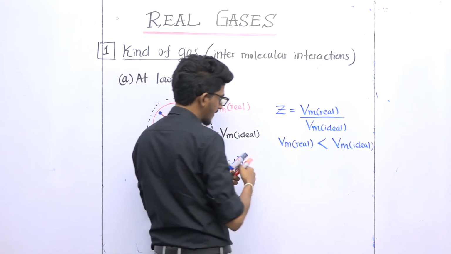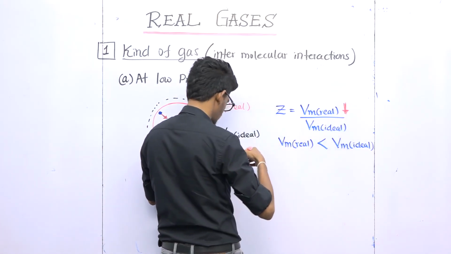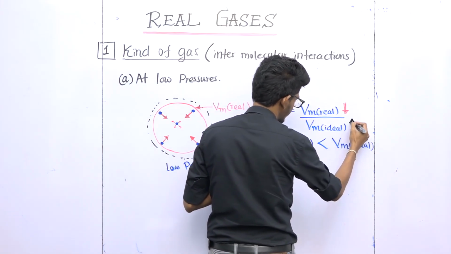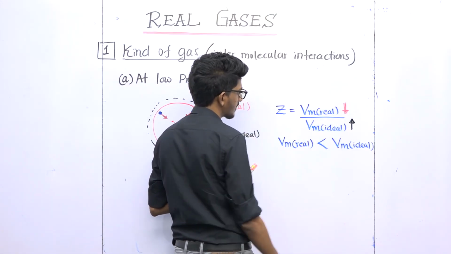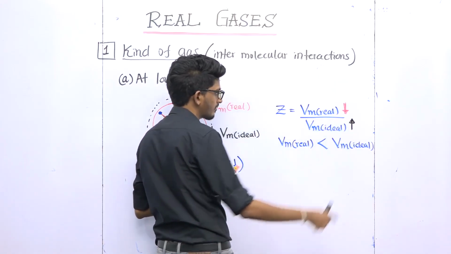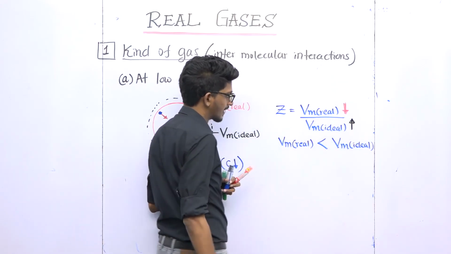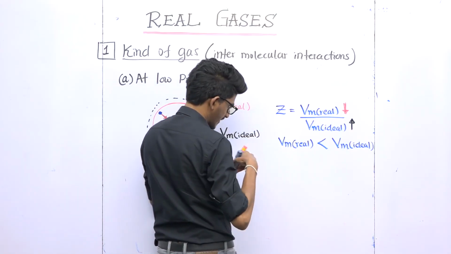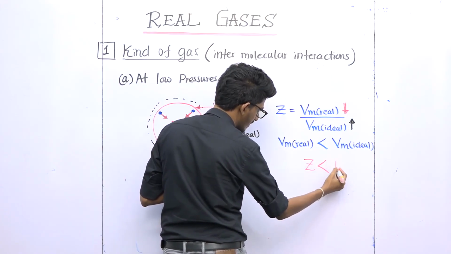So this value is a smaller value compared to the ideal value. Ideal value is a larger value. So it is like 1 over 2, 2 over 5. Those are 0 point values. 1 over 2 is 0.5. 2 over 5 is 0.2. Kind of 0 point values. So the Z value is now less than 1.